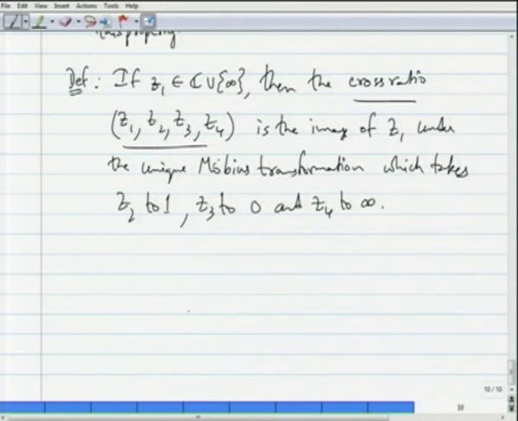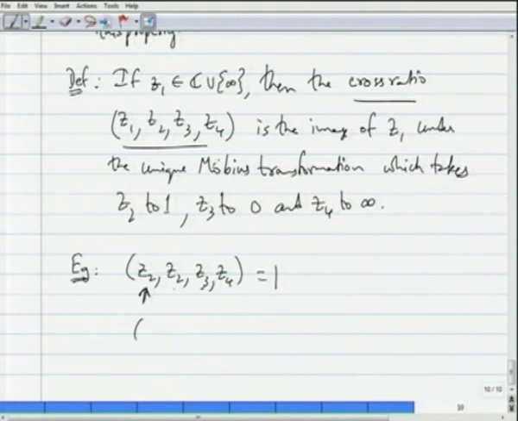So, firstly, some trivial examples. The cross ratio of (Z2, Z2, Z3, Z4) is going to be 1, because the image of Z2 under the Mobius transformation, which takes Z2 to 1 and Z3 to 0 and Z4 to infinity, has to be 1.